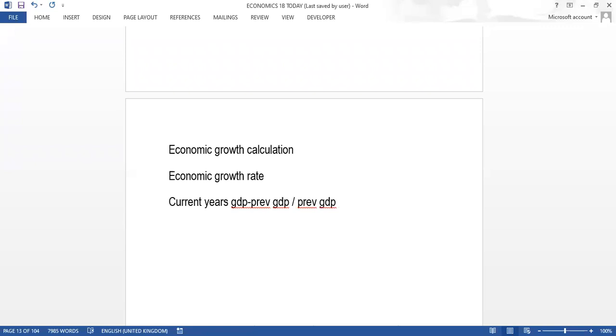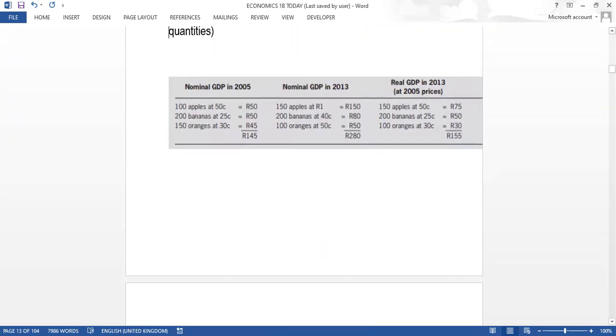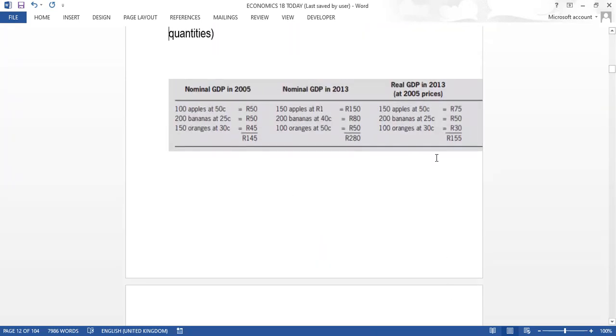If you multiply that by 100, you get a percentage of either growth or negative growth. So current year's GDP minus previous year's GDP, divided by previous year's GDP, times 100 would give you the economic growth.